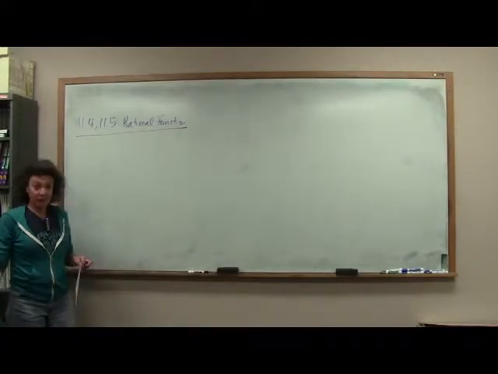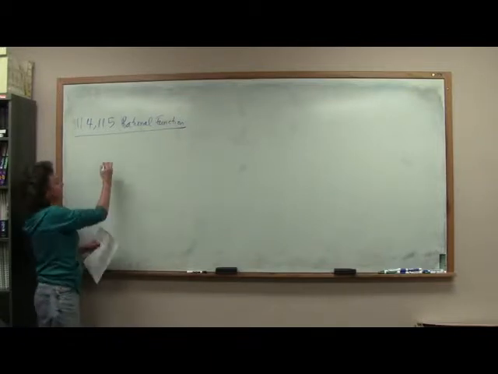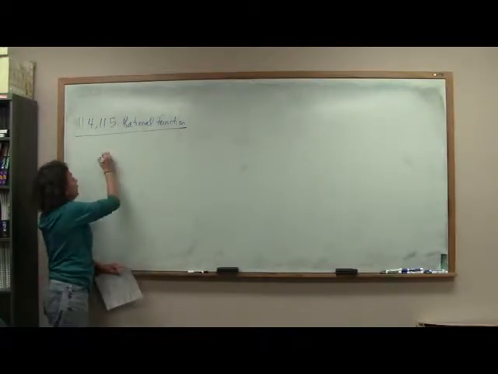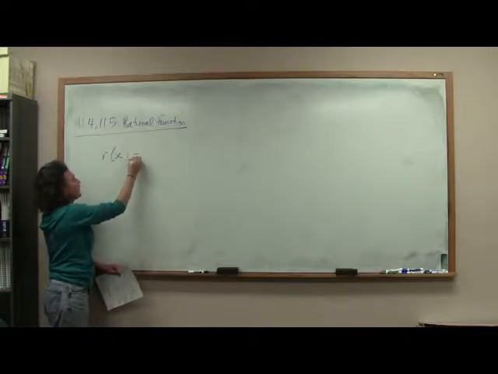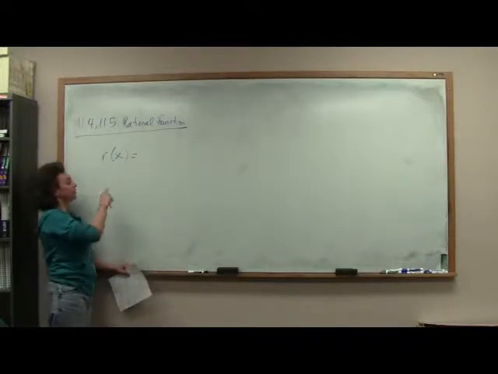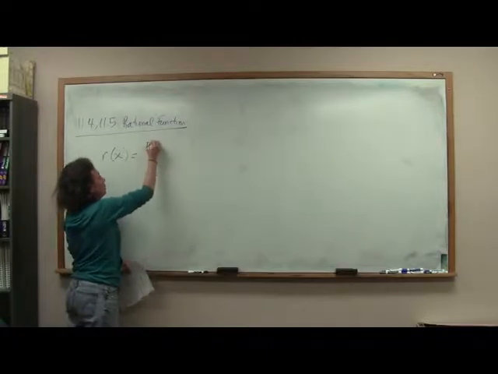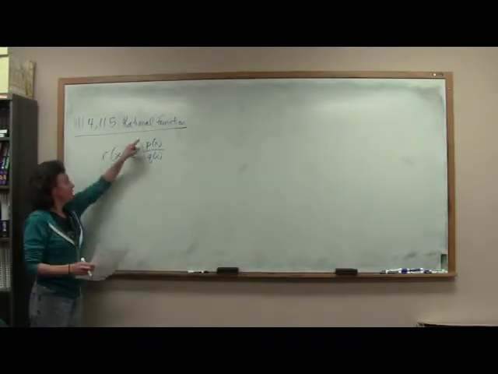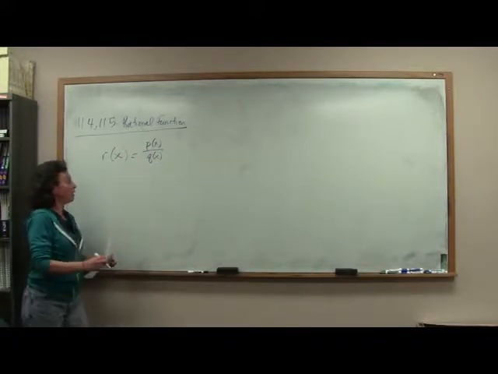So you might ask, what is a rational function? Well, I'll call it R of x, just based on total lack of originality, R for rational. What it is, is a ratio of two polynomials.